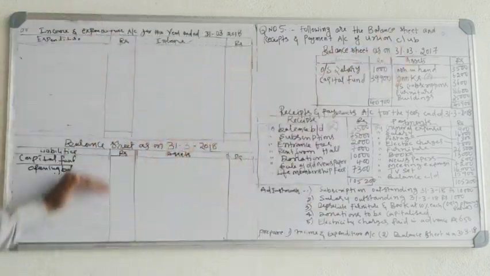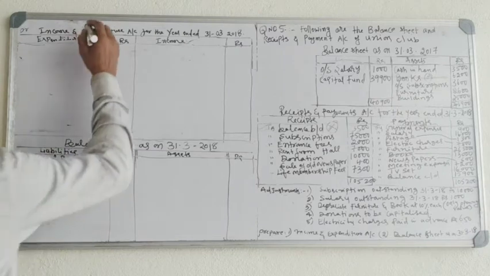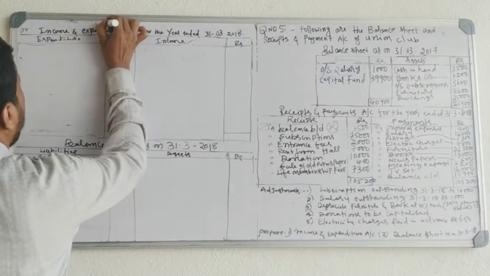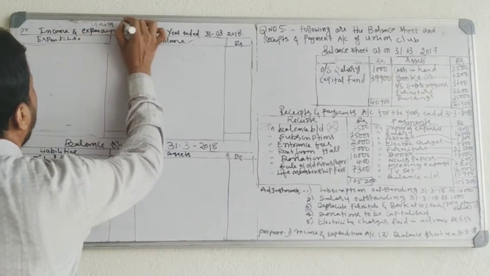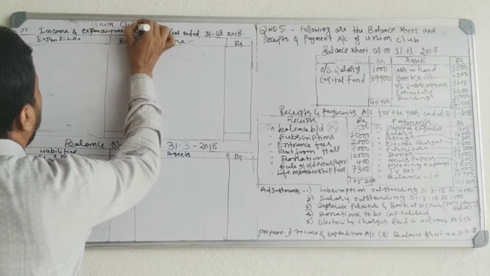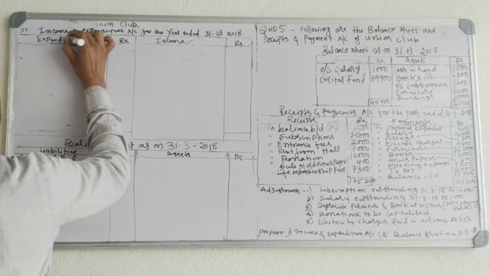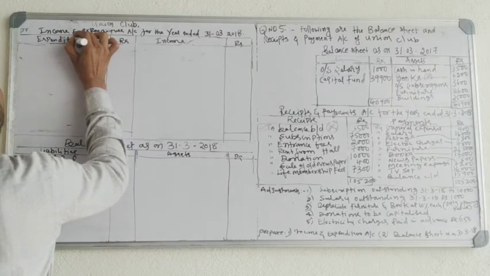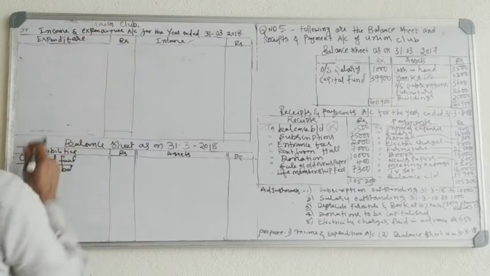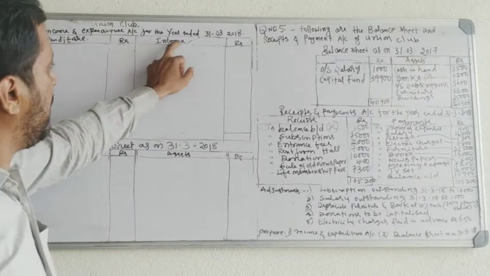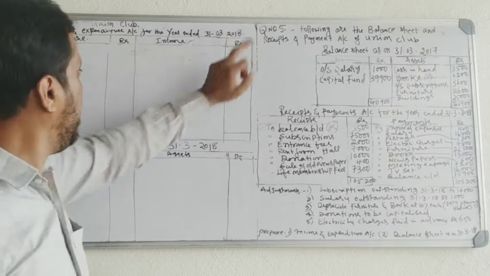I have taken a format. Union Club. Income and expenditure account for the year ended 31/3/18.